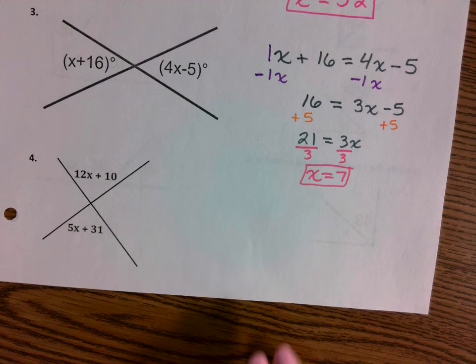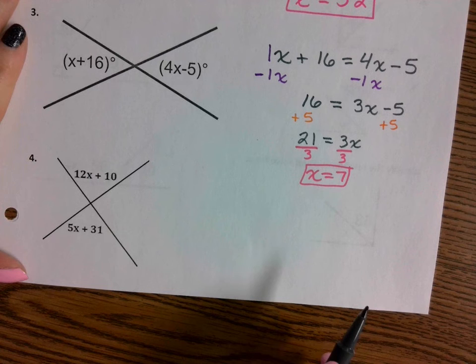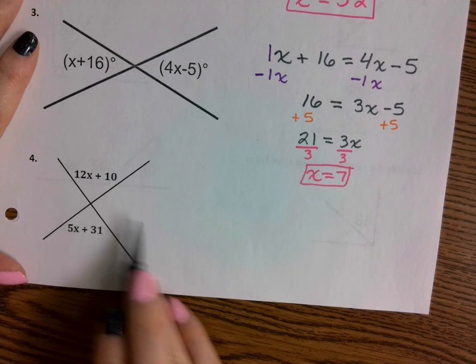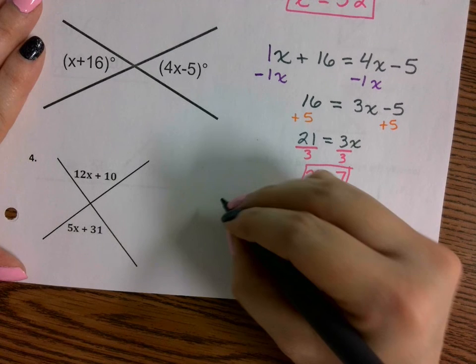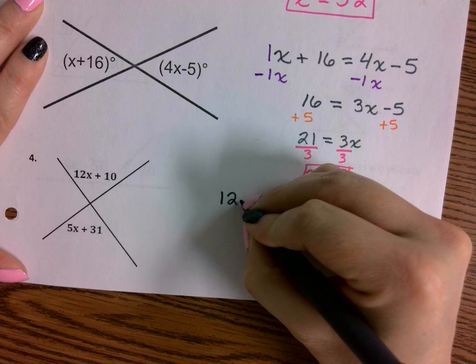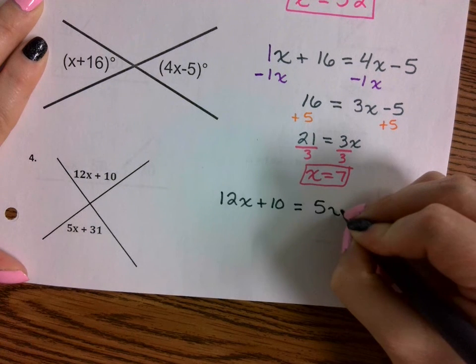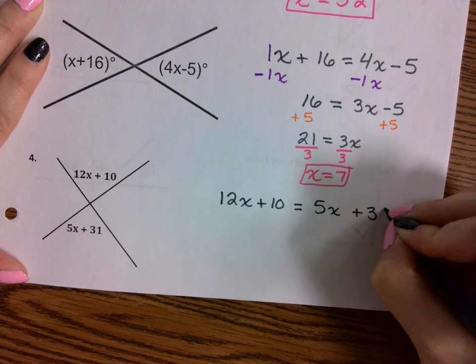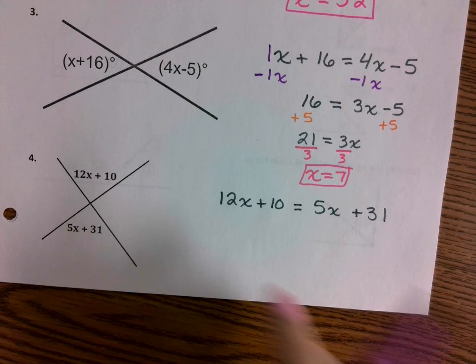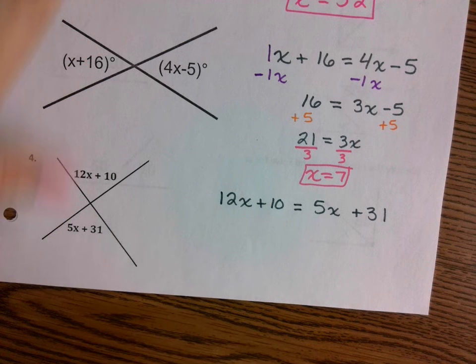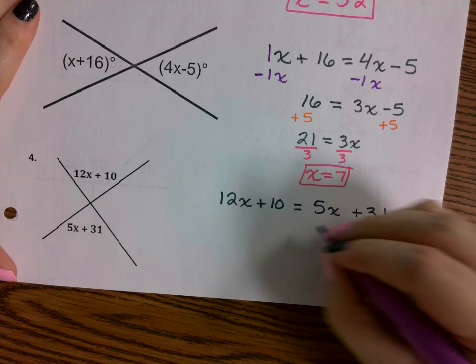All right, 12x plus 10 is equal to 5x plus 31. So again, we're going to set them equal. First step, get rid of the 5x. So we're going to subtract 5x from both sides.